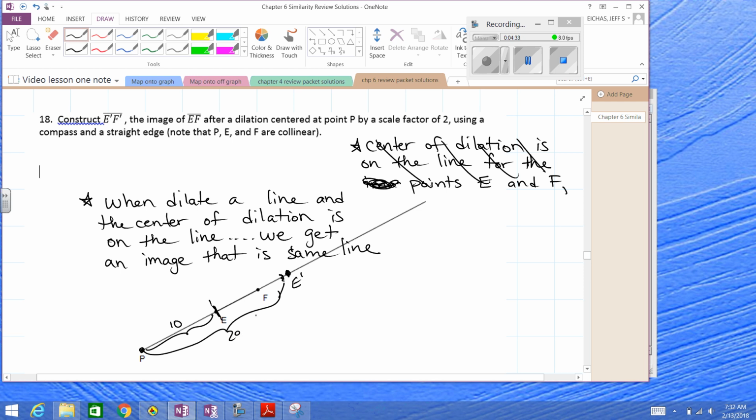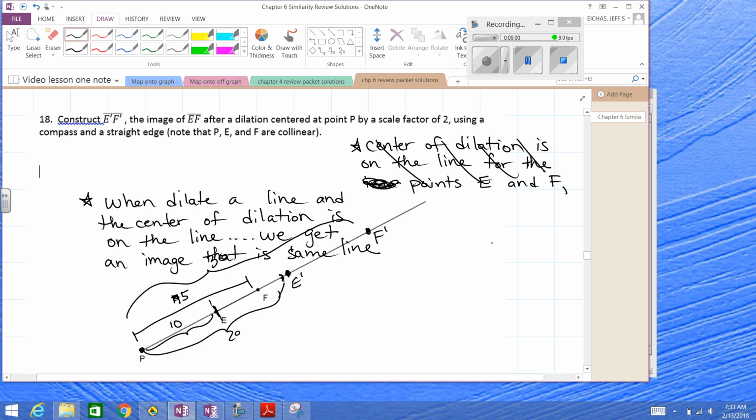Double that, right? Let's assume for a minute that maybe E to F is 15. So E to F prime is also going to be that same distance, about 15, or double that distance to make it from here to here 30. So basically we're doubling the distance. This is where F prime is going to land. Notice that we still get the same line.